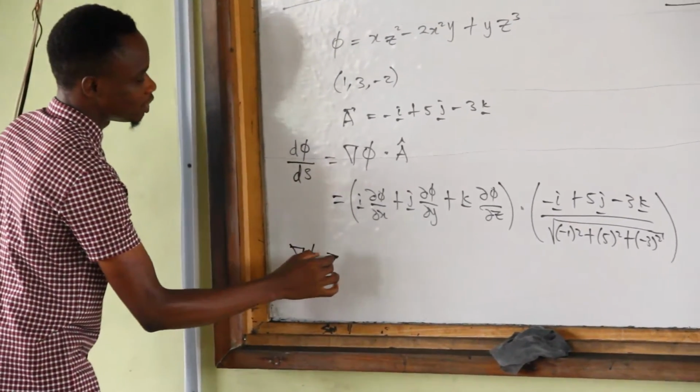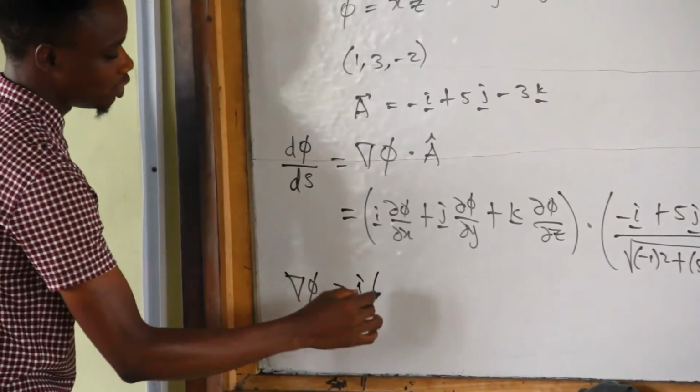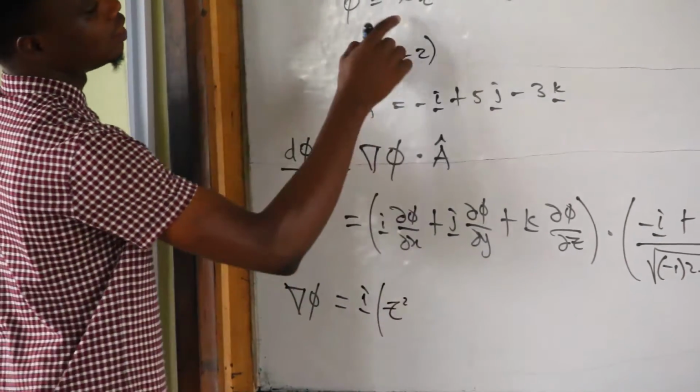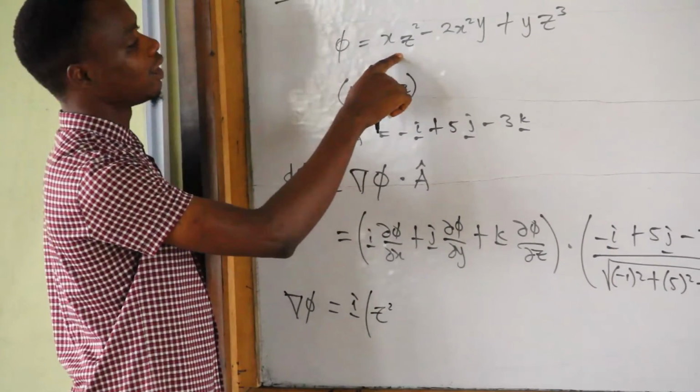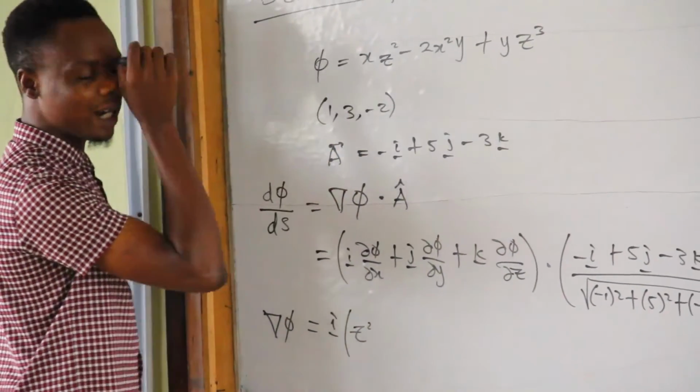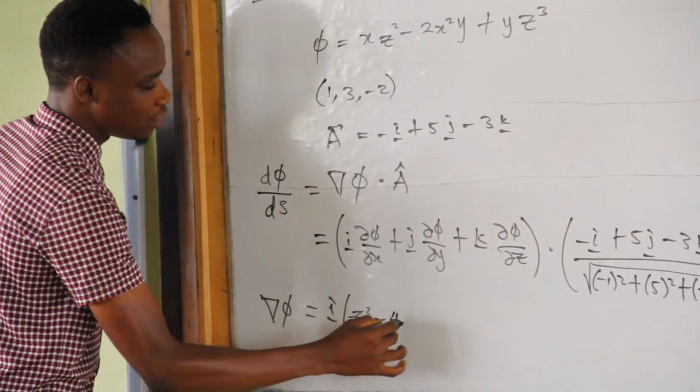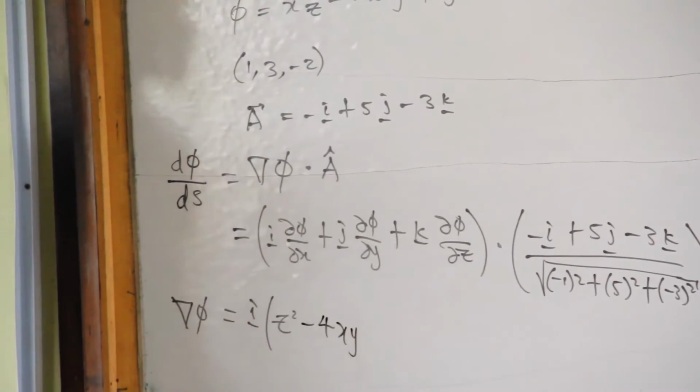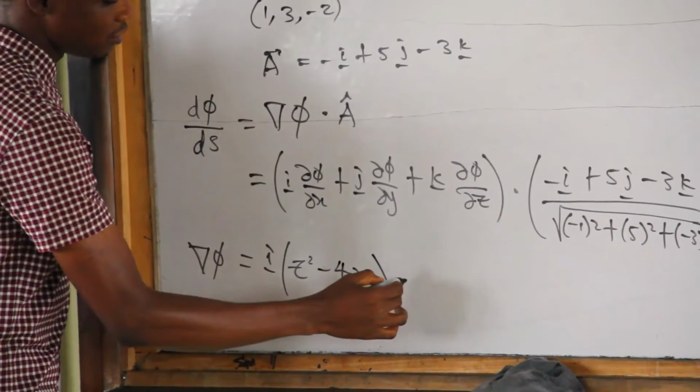And nabla phi is going to be equal to i z squared. When I differentiate with respect to x, that will be minus 4xy, because I will not carry x out of it.